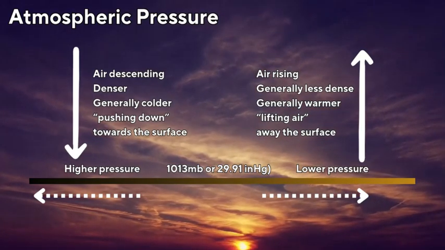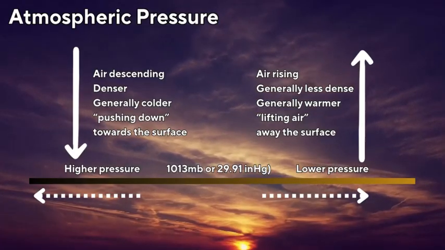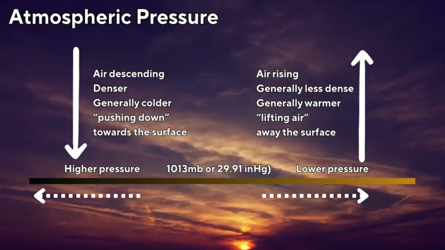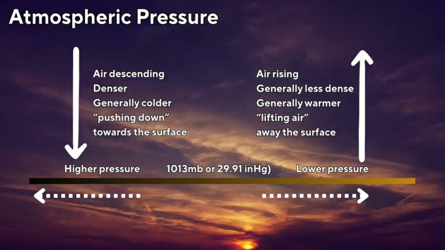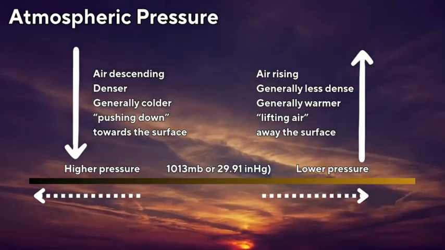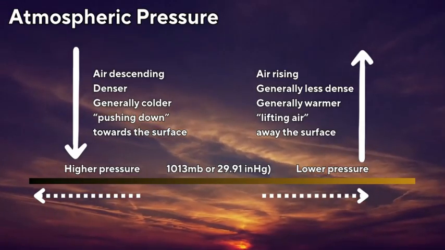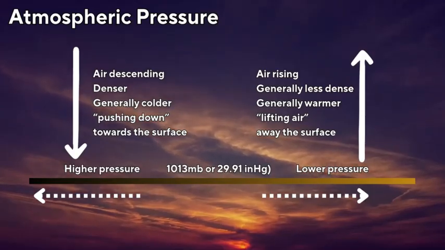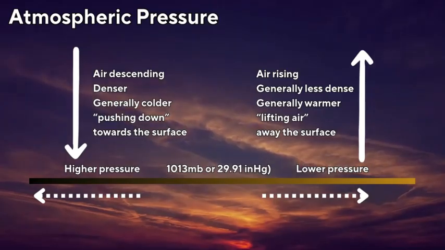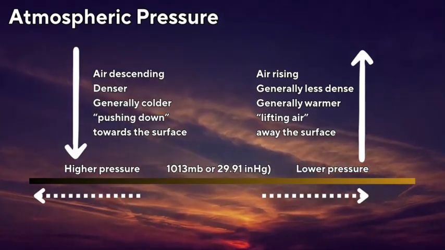Now, if there is less thermal energy added to the air parcel and it becomes denser with a smaller volume and higher density, and colder with less heat added, that would exert a higher than average pressure on the surface, which is above 1013 millibars or above 29.91 inches of mercury.